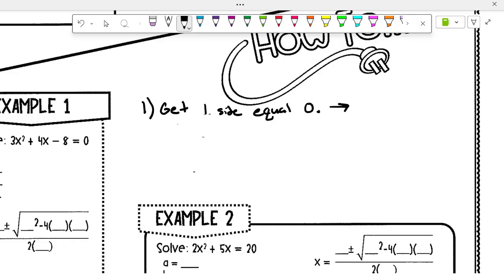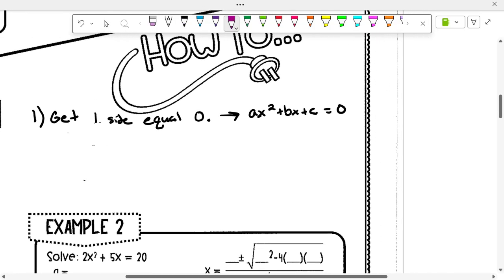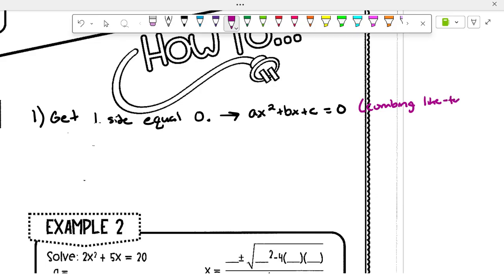What I mean by that is that you need to get your equation looking like ax squared plus bx plus c is equal to 0. And you do that by combining like terms. So you move things over like you would in an equation, and then you combine like terms, which, remember, just means you only add the coefficients, the numbers. You don't mess with the exponents.